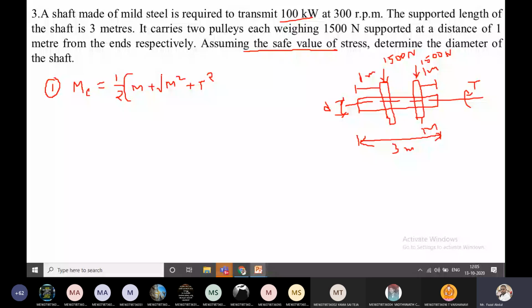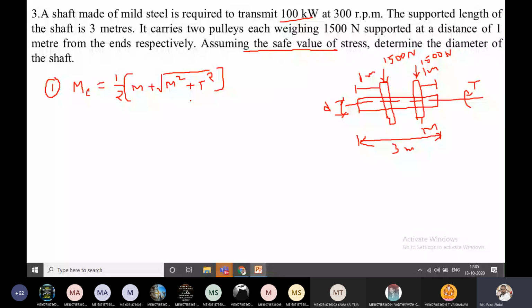I am solving according to the first theory. I ask you to solve this same question according to the second theory, maximum shear stress theory, which we practiced just now in the previous problem. The torque value is also not given in the question, so we need to calculate it separately.